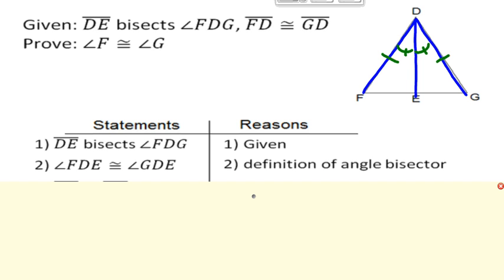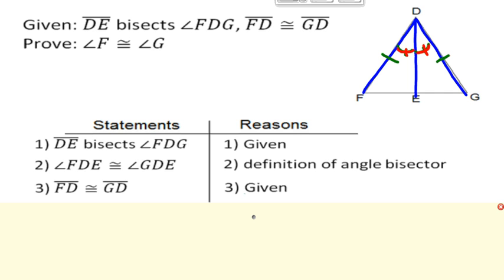All right, so they have split up the angles like we did, and that was because of the definition of an angle bisector. So angle FDE, which is what we already labeled, and GDE are congruent because of definition of angle bisector. Then we have FD and GD are congruent. That was given. So notice how they split that up.